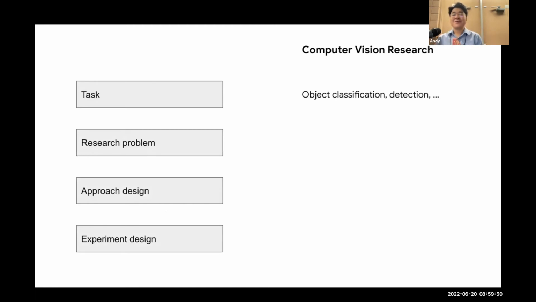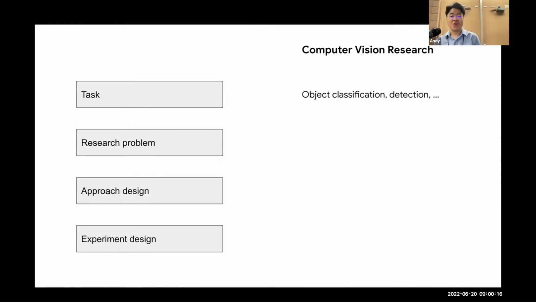Okay, so when I think about doing computer vision research, there are several components, several decisions I immediately think about. Imagine yourself as a graduate student and assume that you want to work on a brand new research project. There are several decisions you need to make. One decision is obviously what computer vision task you will be focusing on.